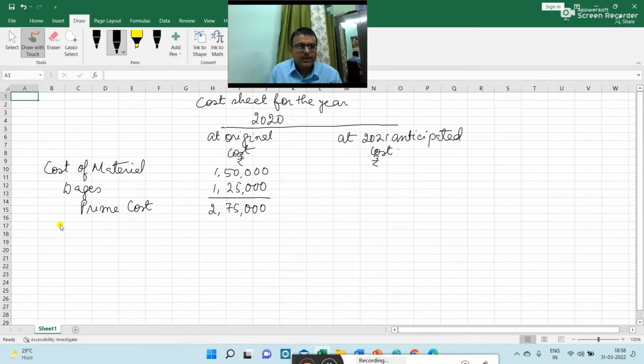Then we have to add the factory overhead, which is 75,000, and the works cost is 3,50,000.